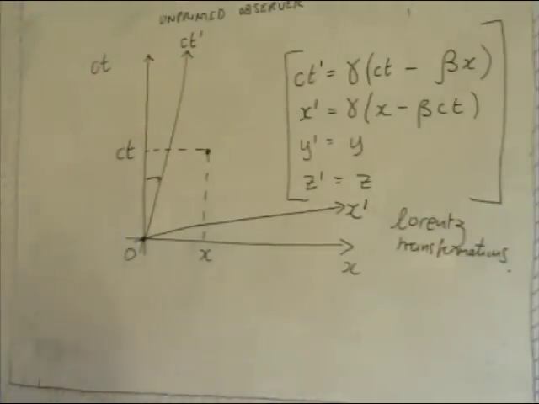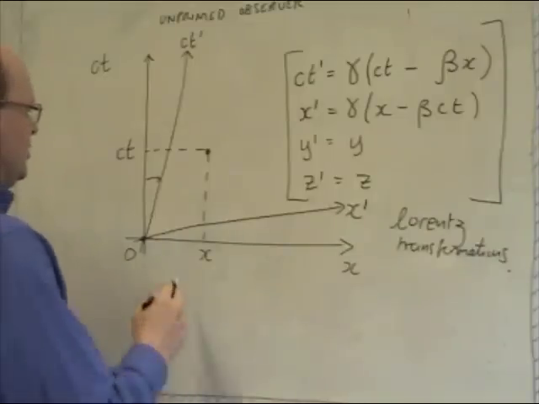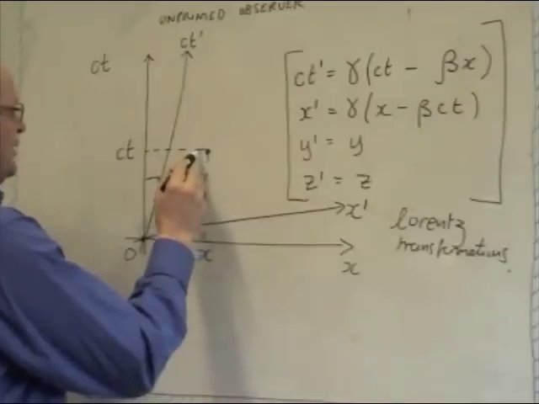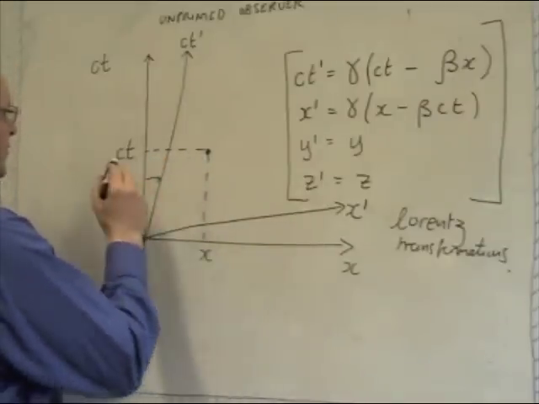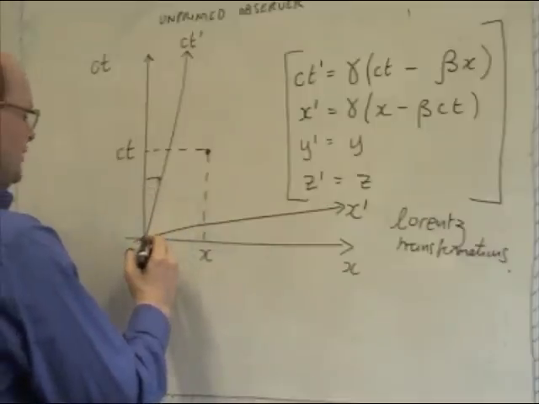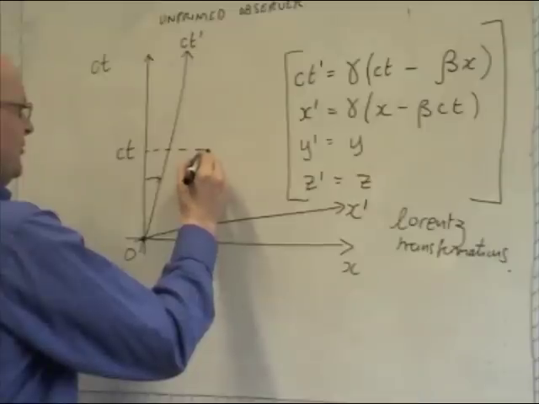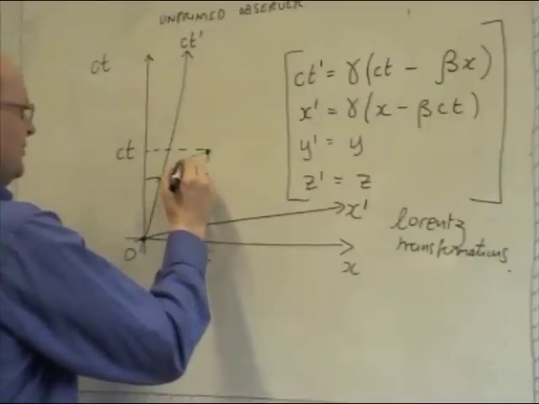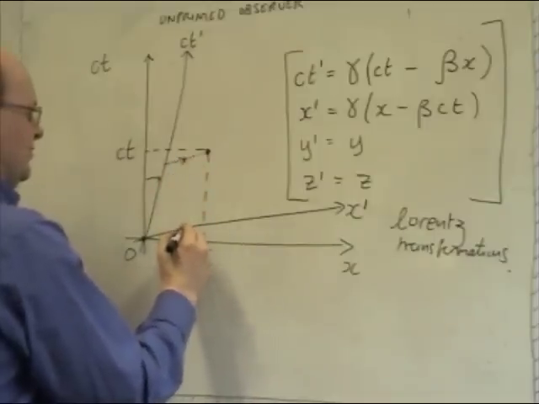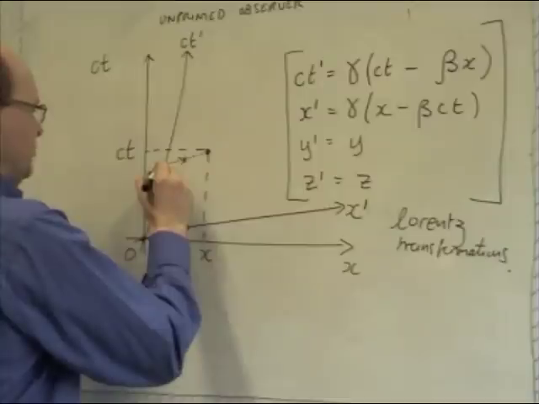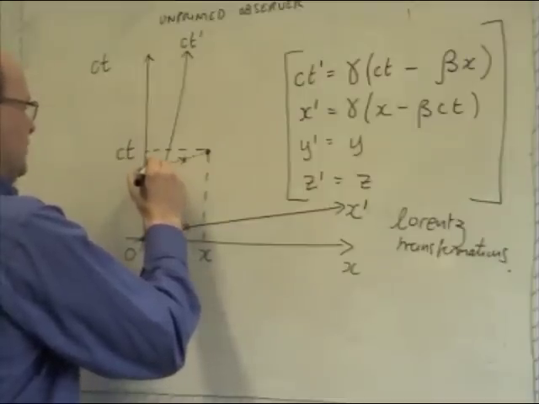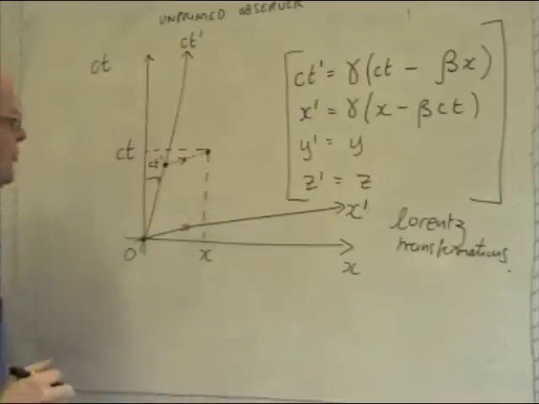And so if we wanted to read off the primed coordinates of this same event with respect to the unprimed coordinates, to do that you draw, just like we drew this dotted line parallel to the x-axis to get the CT coordinate, a dotted line parallel to the x primed axis to get the CT primed coordinate. So let's do that. Let's make a slightly different dot. So this dotted line is meant to be parallel to the x primed axis, and this point of intersection here is the CT primed coordinate of the event.